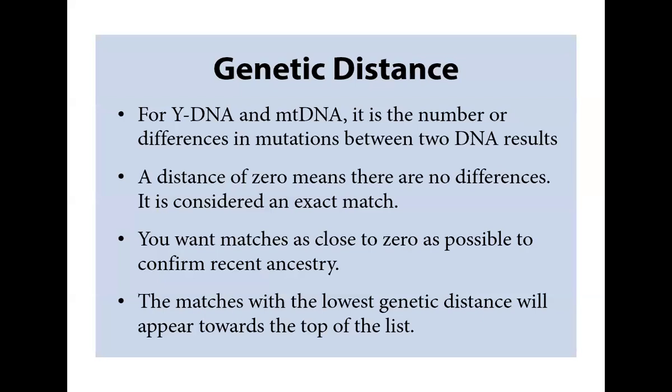This is really great for when you're trying to identify that you have someone on the direct paternal line that you're related to, for example, or in the case of mitochondrial DNA, on the direct maternal line. So ideally, you want to look at those closest distances first to work through those because they might be more valuable.